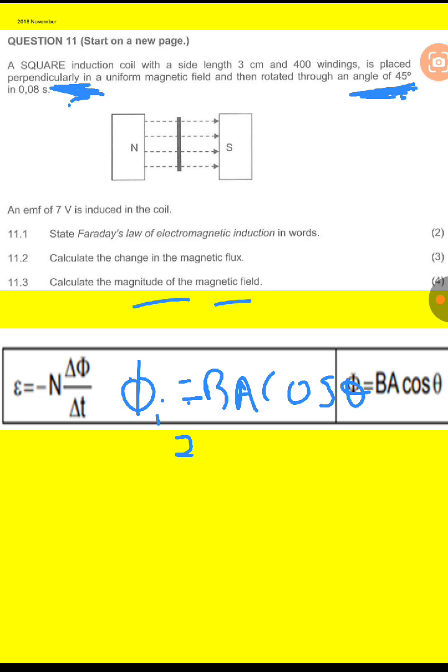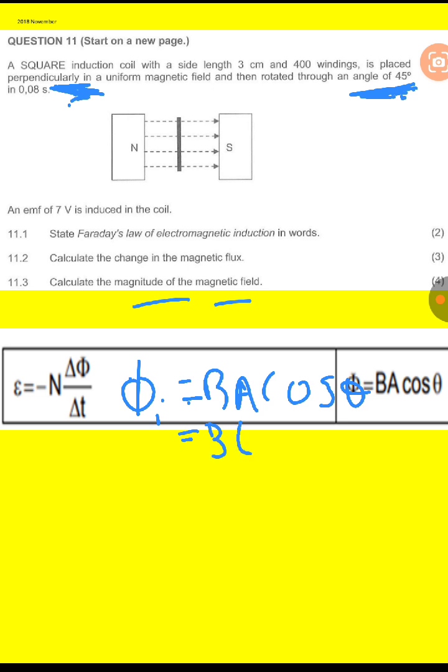We don't have the magnetic field, B, where it's unknown.